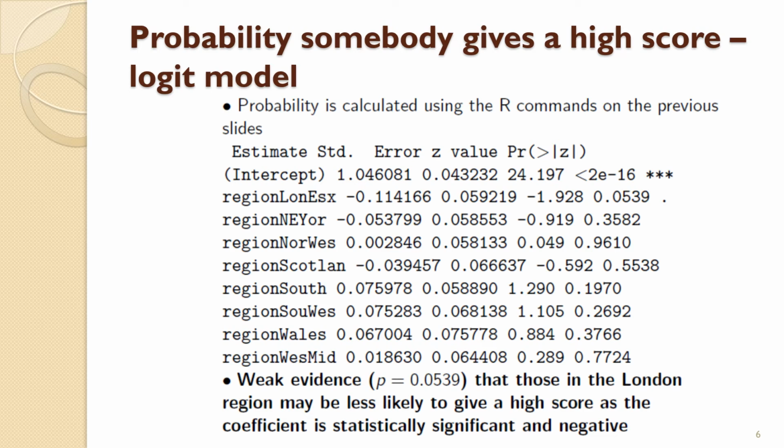And so working from left to right, writing this down in the Queen's English, the coefficient of the London Essex region is negative and borderline statistically significant, and usually the best way of saying this would be weak evidence, p equals 0.0539. Those in the London region may be less likely to give a high score, precisely because this coefficient is borderline statistically significant and negative.